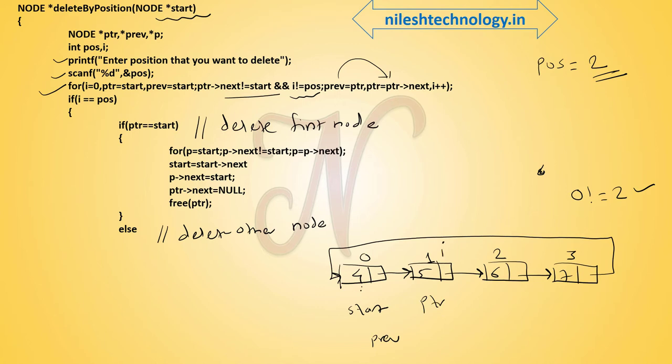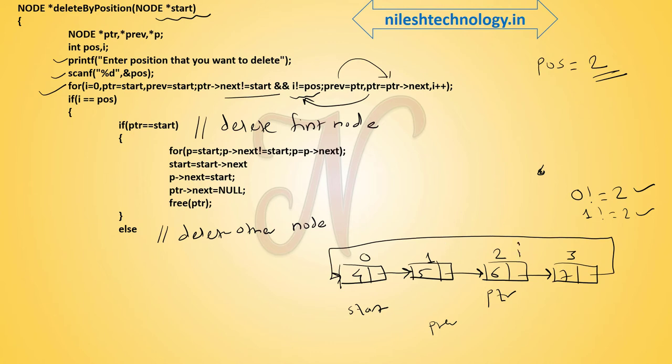Then again the condition: ptr of next is not equal to start, true, and i is not equal to position. Here 1 is not equal to 2, true. Going to the incremental part, prev equal to ptr and ptr equal to ptr of next, this is ptr. Then i plus plus, here is i.